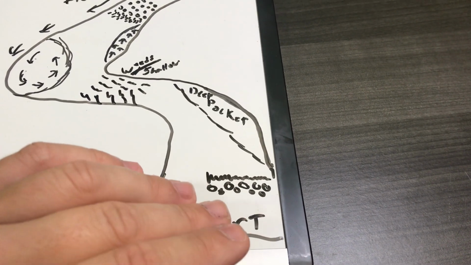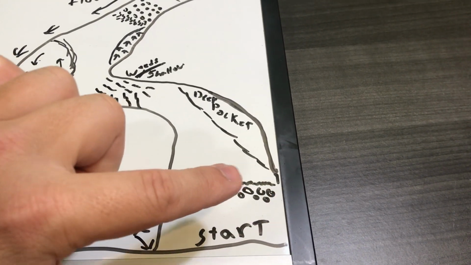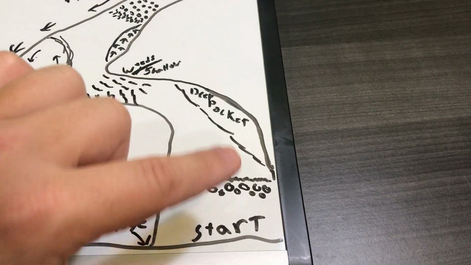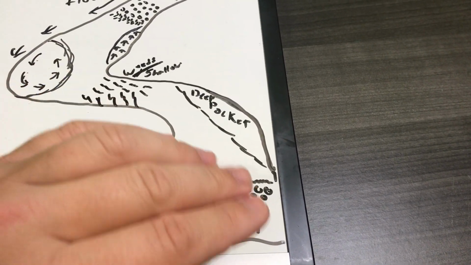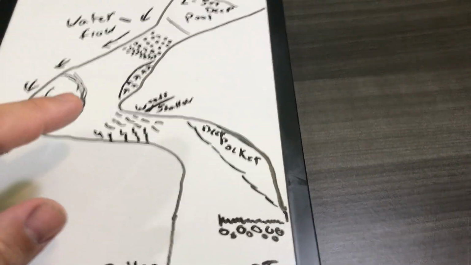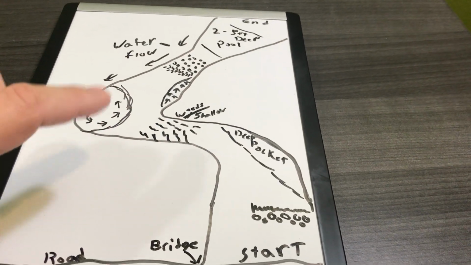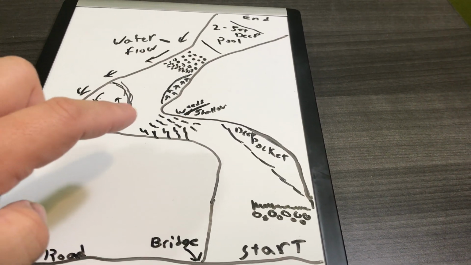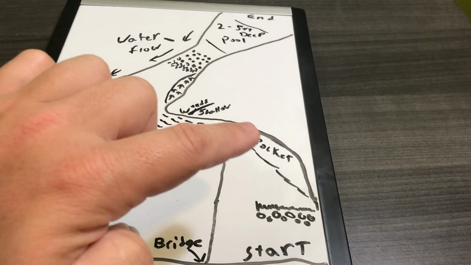Then what I like to do once I've worked that is I'll walk up through there, but I will not pass the shallow water. I won't just walk right up to the pocket and start fishing it. I like to cast from as far away as I can. So in this illustration, the water comes down. You have like a deep circulation area here where it kicks back flow, but then kicks out here to this deep pocket.